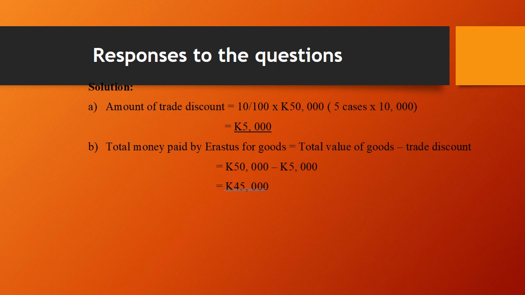For B, to find how much he paid after the discount, we need to subtract the discount which was given from the initial cost of the total items. In this case, 50,000 minus 5,000 kwacha gives us 45,000 kwacha, which is supposed to be paid now as the amount due.